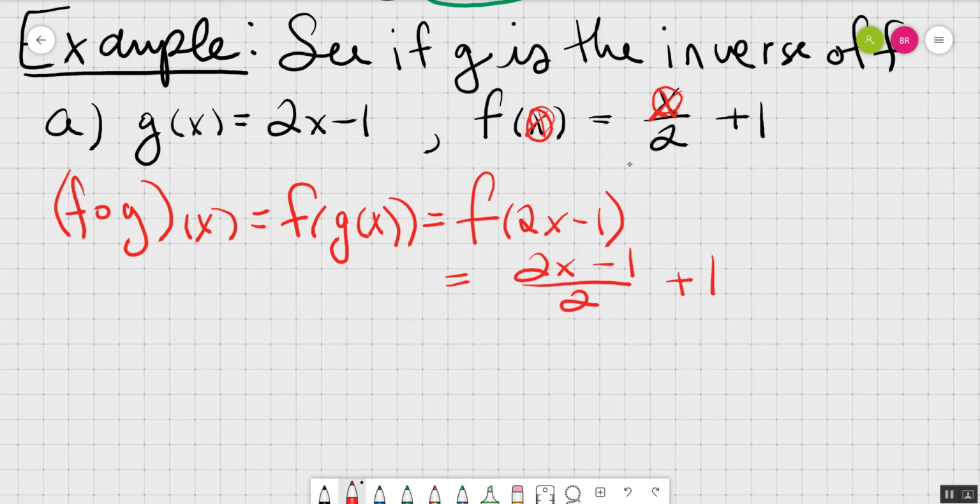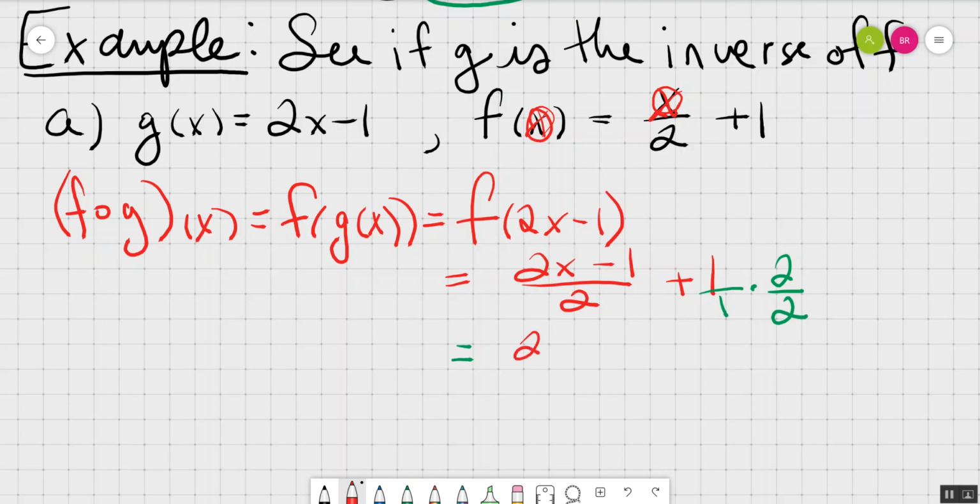Now this is a little complicated. I'm going to have to be careful. So let's see. Yep, so I've got 2x minus 1 divided by 2, plus 1. I can't really do anything with this, so let's find a common denominator. I'm going to take 1 and think of it as 1 over 1, and that's got a 2 on the denominator. So I'm going to multiply this by their least common denominator, which will be 2, so multiply by 2 over 2.